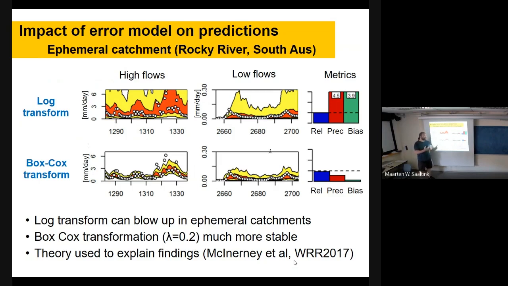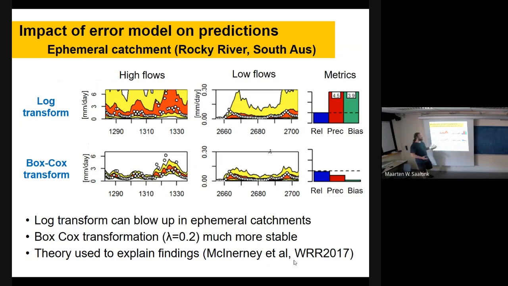And so when we back off a little bit, we find that our predictive limits again have a much better quality. Again, in our high flows, we have a reasonably good capture of the observed data, and in the low flows, we are also doing quite well. You can see here, we got rid of the biases. Reliability is the same, because again, these prediction limits are, interestingly enough, reliable, they're just very imprecise again.